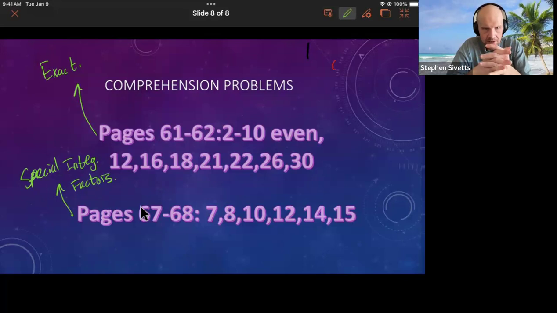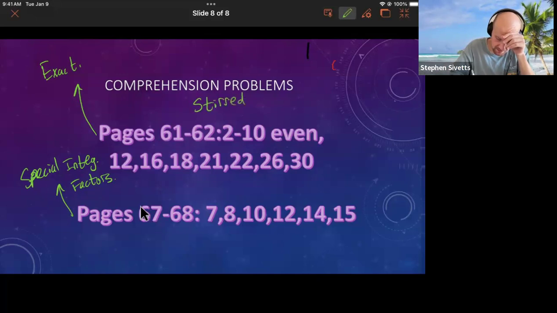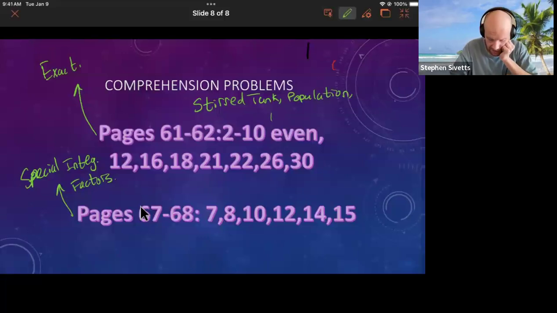So for the next set of videos, we're going to be looking at different models of first order differential equations. This is the most exciting part. So we're going to get into models that look at a stirred tank, right? We'll look at population models. We'll look at Newtonian mechanics, like Newton's law of cooling and stuff like that.